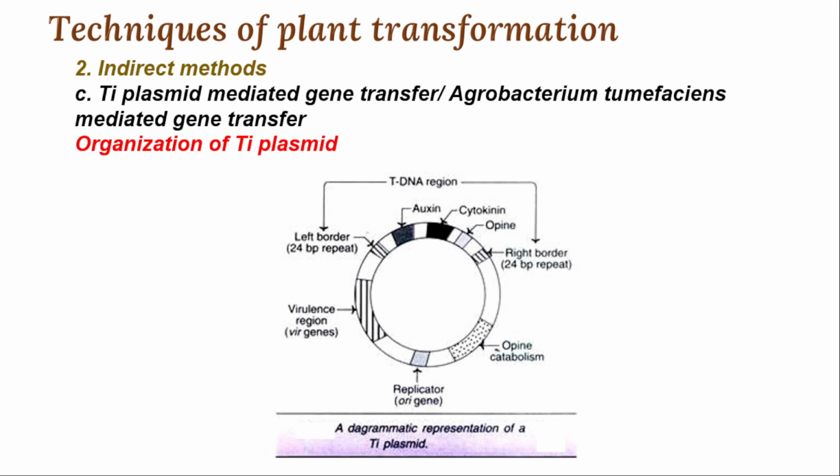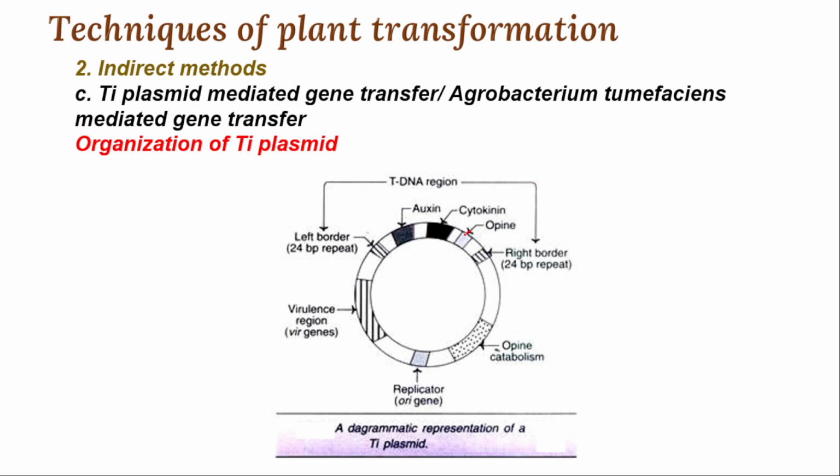If you take the structural organization of the Ti plasmid, it also contains a left border and right border. In between, we have the coding genes for hormones, auxins and cytokinins, which are secreted. Because of the secretion, what happens? It will produce crown gall disease. Cancer cells are produced, and crown gall disease forms in infected cells.